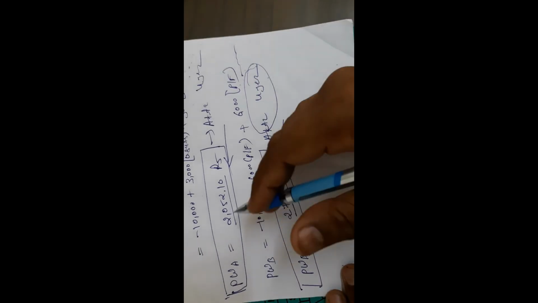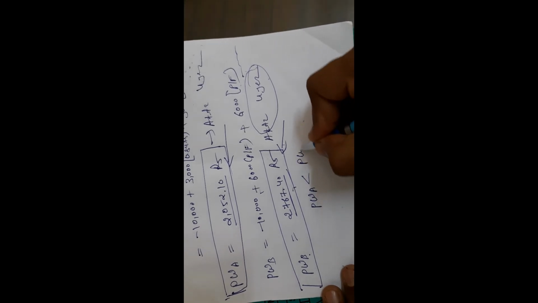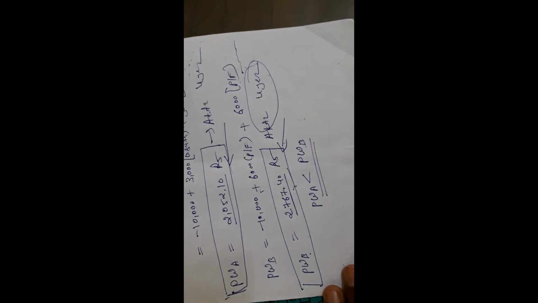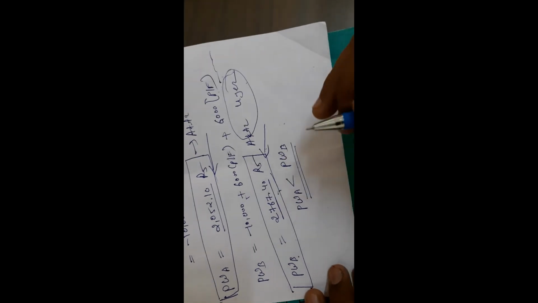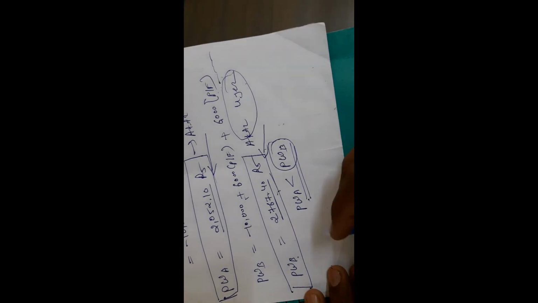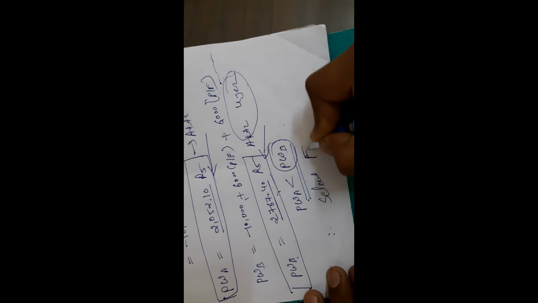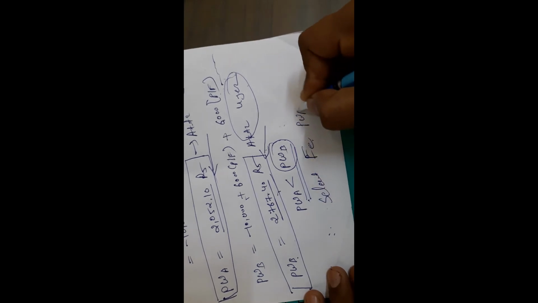Okay, so you know clearly that present worth of A is less than present worth of B. So the present worth of equipment B is higher compared to the present worth of equipment A. So what we do, we select equipment B. We go for option B. Okay, so that is our choice.